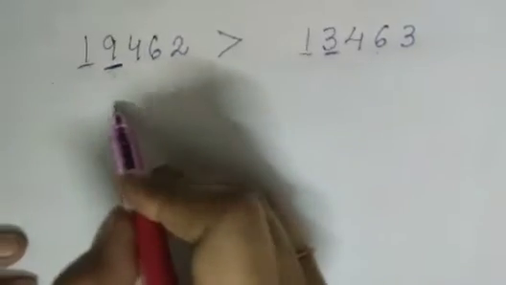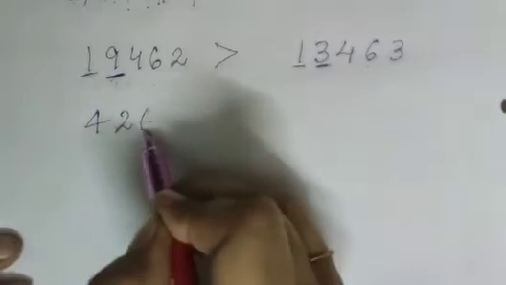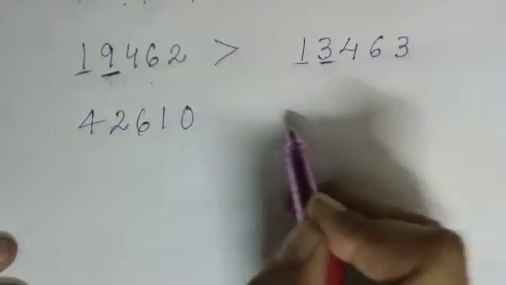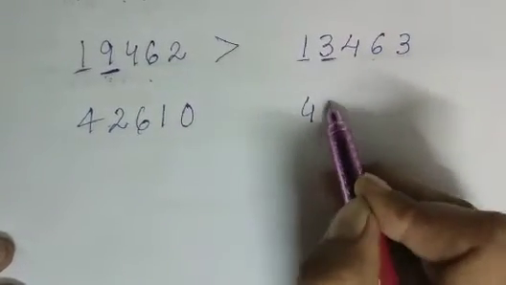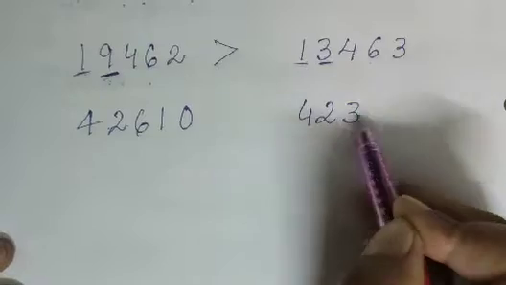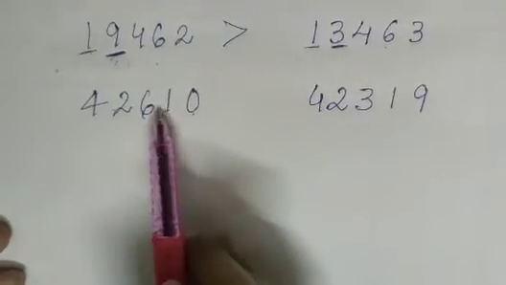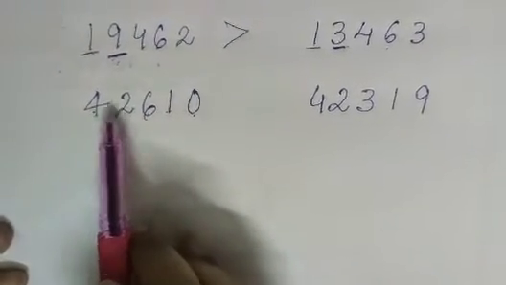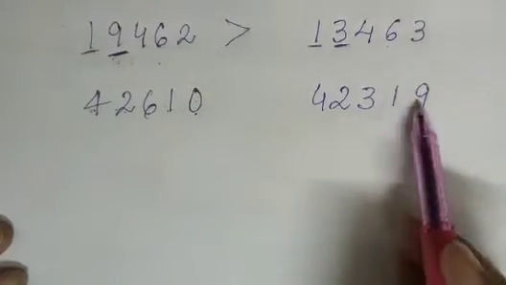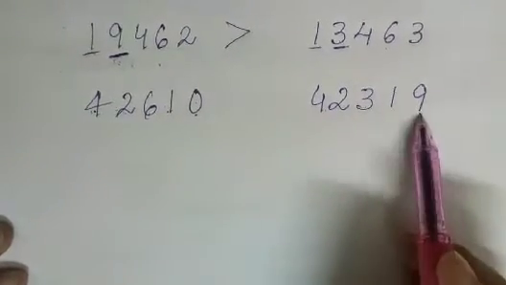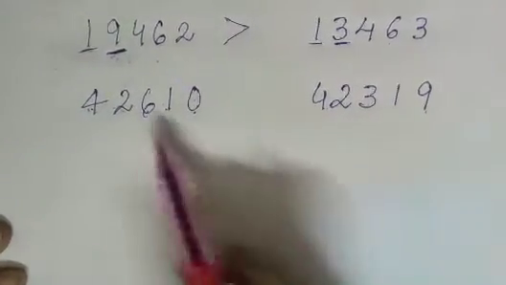One more, 42610 and 42319. Come this side again, 1 2 3 4 5, 1 2 3 4 5, 5 digits, digits are same, so we'll start comparing.